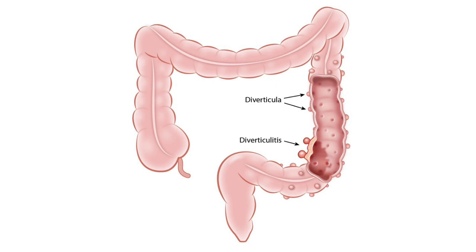So diverticuli are mucosal outpouchings or mucosal herniations through the wall of the colon, and if they are bland without inflammation, these outpouchings are referred to as diverticulosis, and with inflammation they are known as diverticulitis.